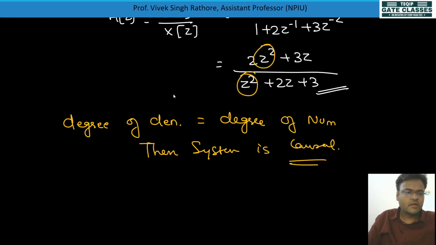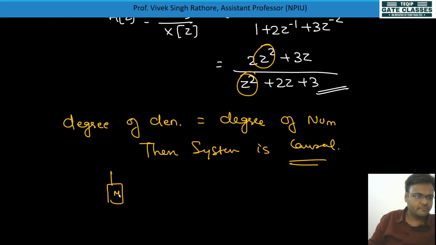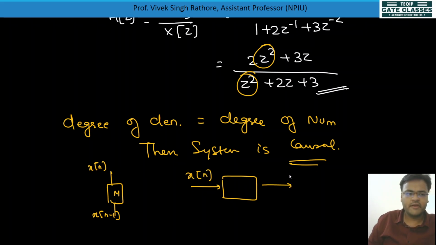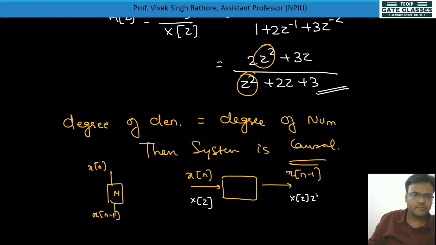And the delay factor, I was telling you this was m. If you are giving input as x of n, it was giving output as x of n minus 1. So what is this delay factor? When an input x of n is given, and it comes out as x of n minus 1, the z transform of the input will be X of z only, and the z transform of the output will be X of z z to the power minus 1.